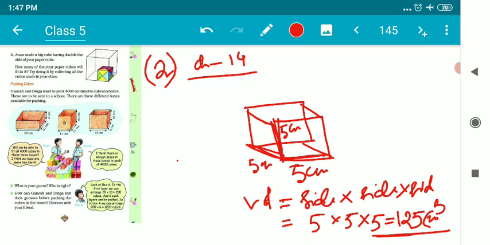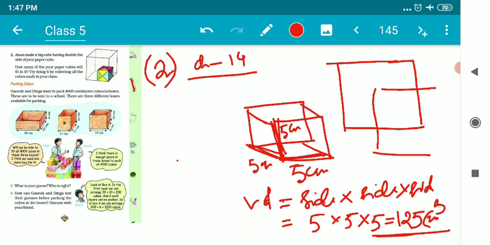Now what Anand did, Anand tried one experiment. He made another cube made up of paper, just double the measure of the dimensions of the small cube. As the measure of all these dimensions is 5 centimeters, now Anand made another bigger cube which has dimensions double the smaller one.